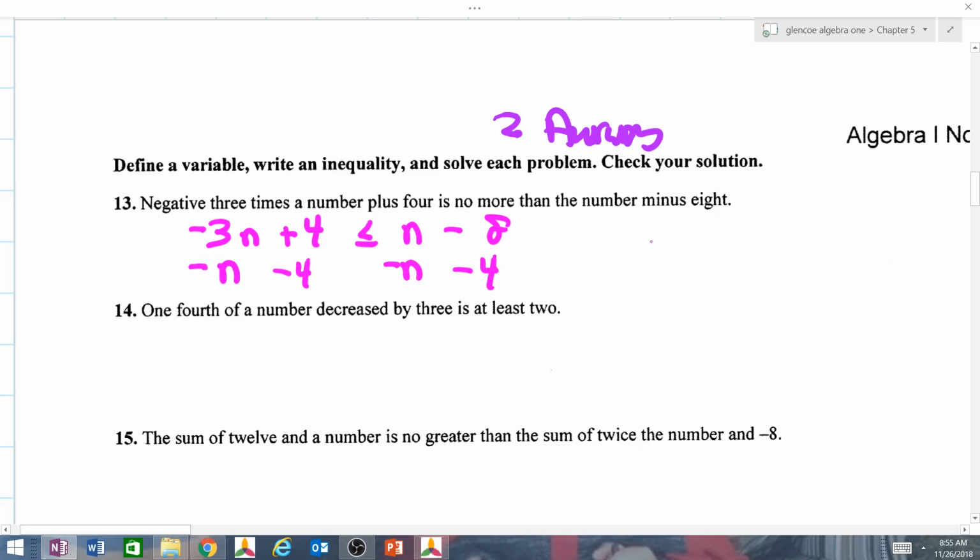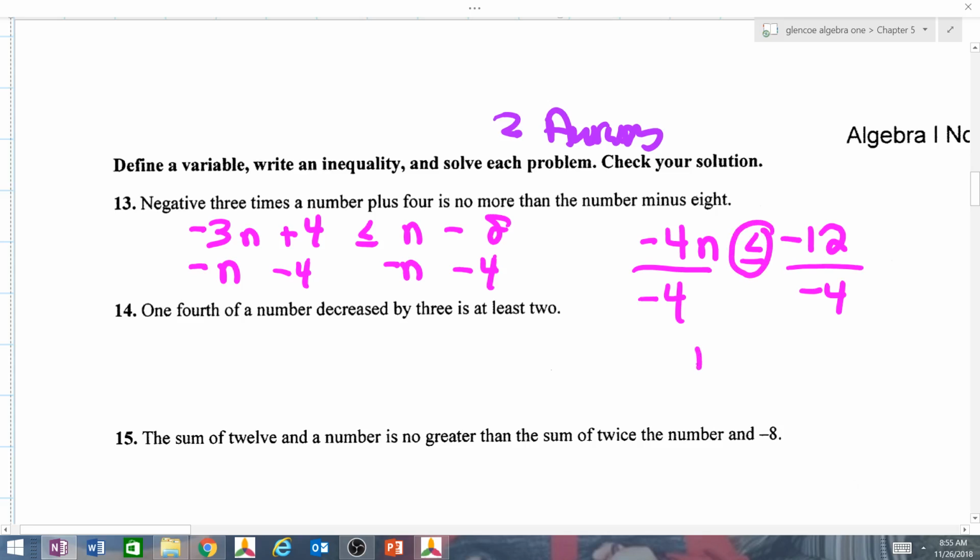And the correct answer should be negative 4n is less than or equal to negative 12. Are you with me now? Yes? Now we're going to divide each side. Thank you for being patient with me and allowing me to find my mistake. Divide each side by negative 4. Change the inequality symbol. And you get n is greater than or equal to 3. Are you with me? Yes?